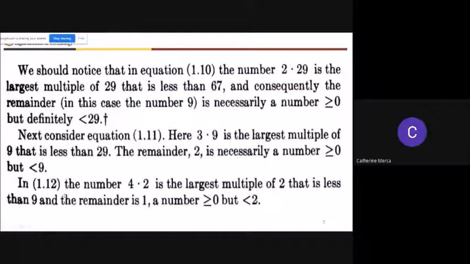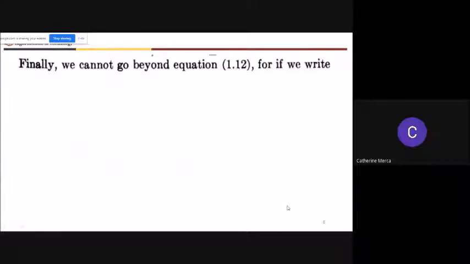So in 1.12, the number 4 times 2 is actually the largest multiple of 2 that is less than 9. And the remainder is 1, a number greater than or equal to 0, but it should be less than 2. So actually, you cannot go beyond equation 1.12, because when you rewrite 9 over 2, you will have 4 plus 1 over 2 over 1.